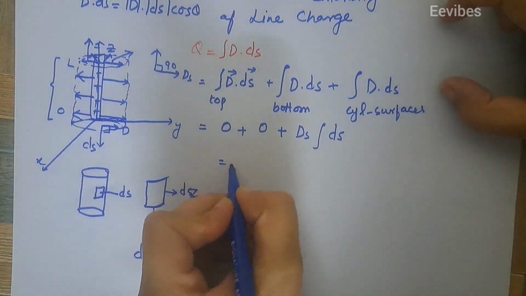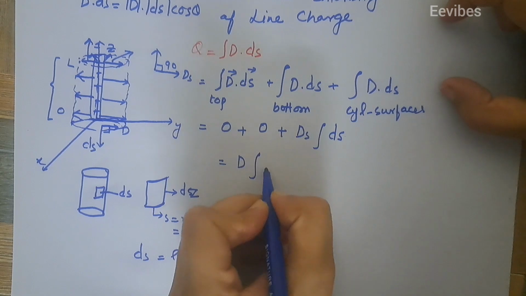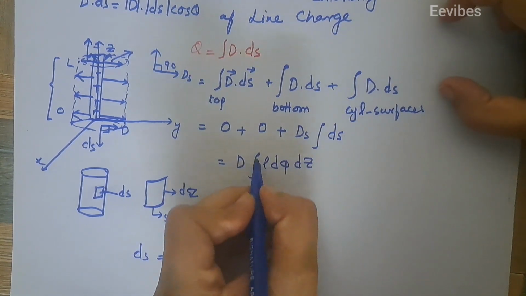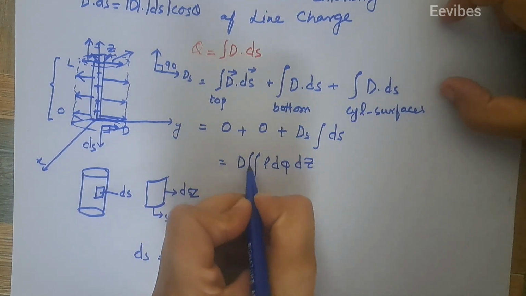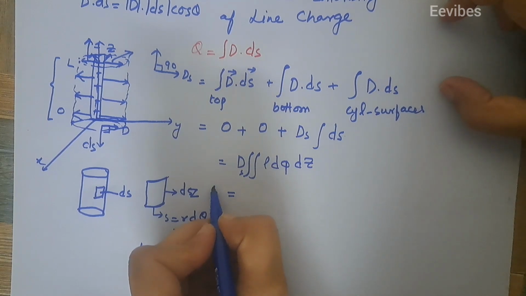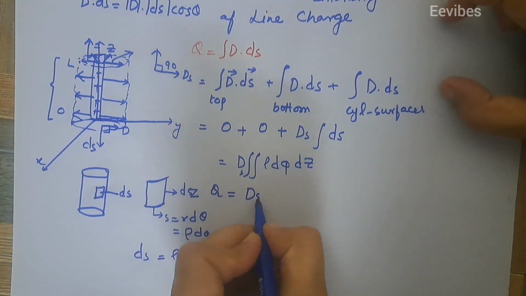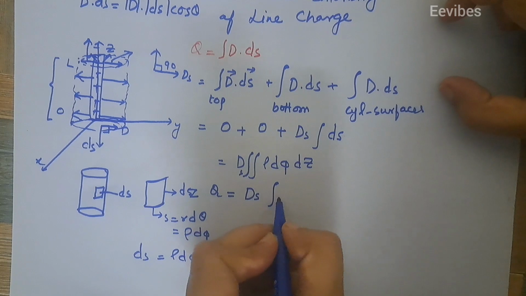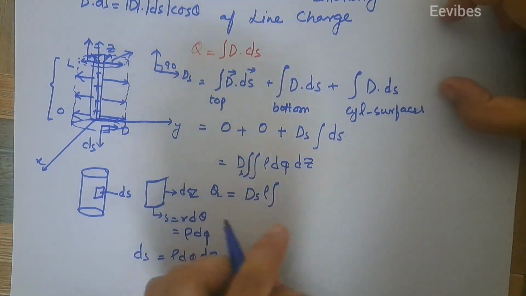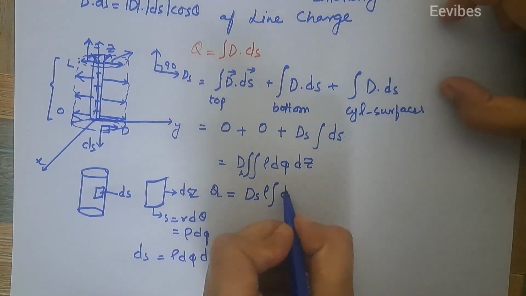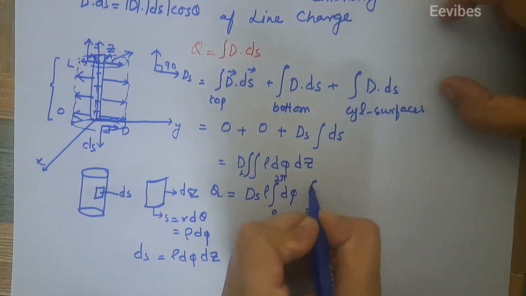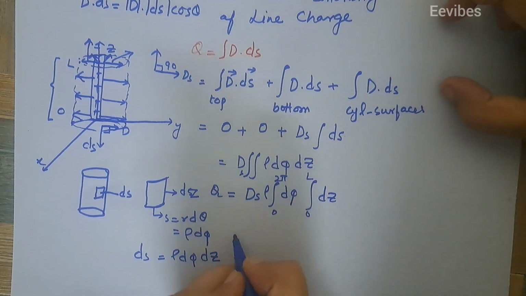Now let's substitute the values in the above expression. You get rho d phi dz, and since two differentials are involved, two integrals will be considered. On the left hand side you have Q, while on the right hand side you have D dS. Then you integrate over d phi, and rho is constant, so you can take it out of the integration, and here you integrate from 0 to 2 pi and then from 0 to L dz.